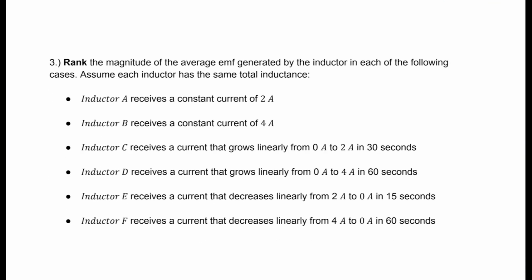All right, now we'll do a quick rank here. So we have all these different inductors. So some receive constant currents, some have increasing currents, some have decreasing currents in different time intervals. And we want to rank the magnitude of the average EMF induced in each of the inductors.